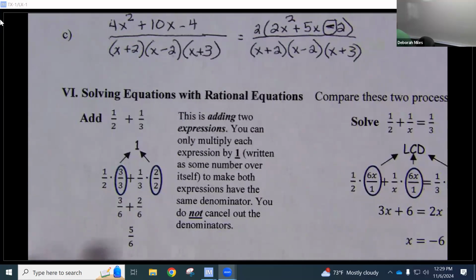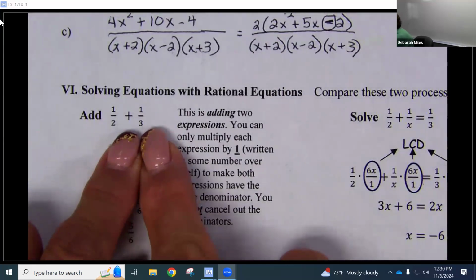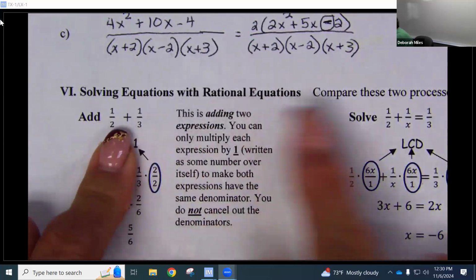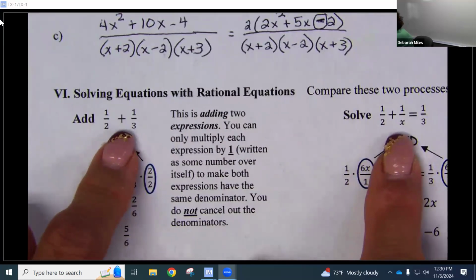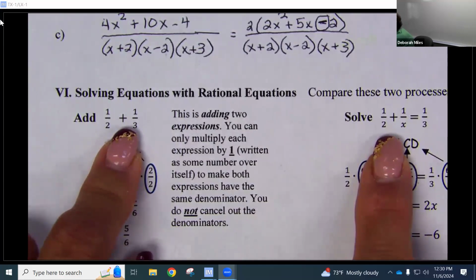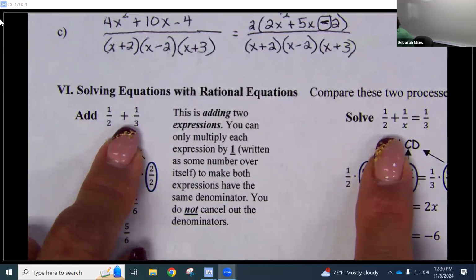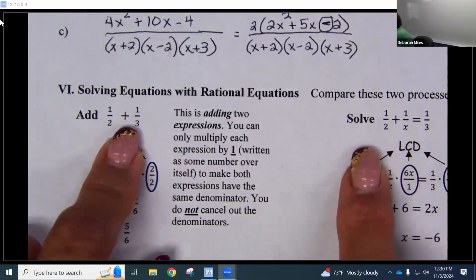And then there's one other thing we need to talk about, and that is solving equations with rational expressions. What's the difference between expressions and equations? What makes... Right, equations do.